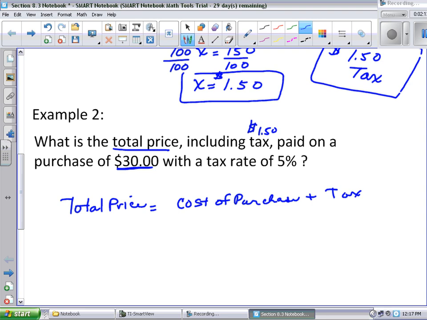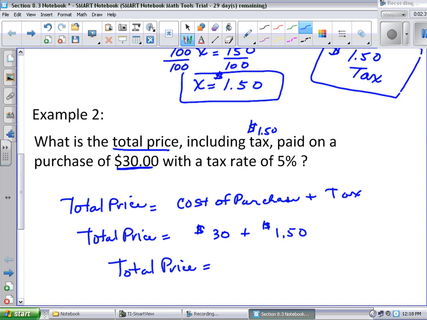So the total price, the cost of the purchase was $30, plus the cost of the tax was $1.50. So the total price is $31.50.